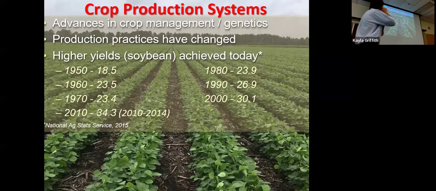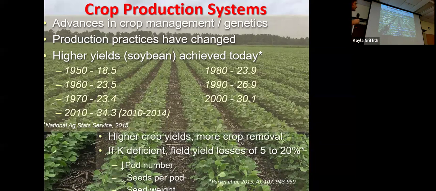So this is an interesting one. There's kind of a dilemma with potassium, right? If you don't apply enough potassium, obviously you're going to take hits to your yield, 15 to 20% in this case, if you're applying a deficient amount. But then, of course, when you apply enough and you have a lot of yield, you suck a lot of this luxury potassium out of the field.